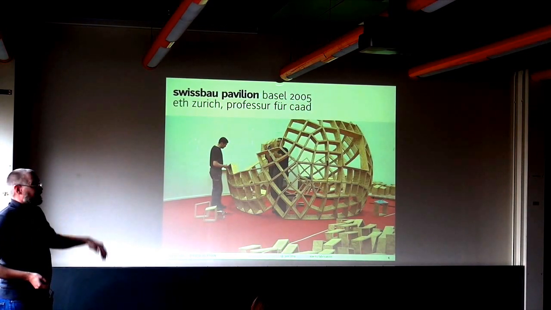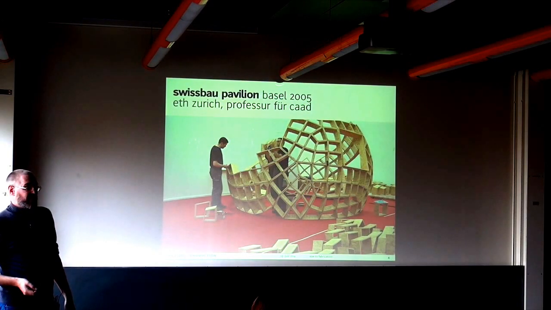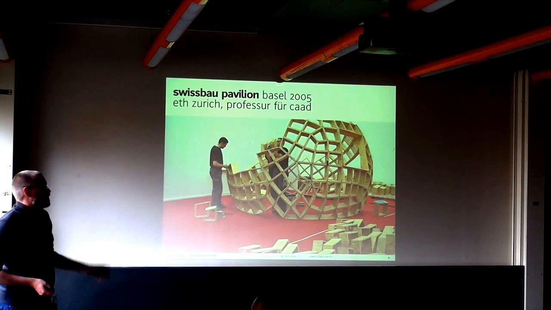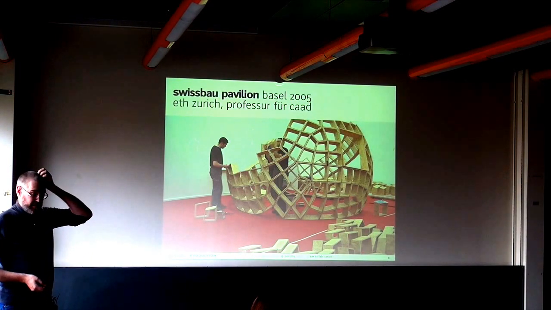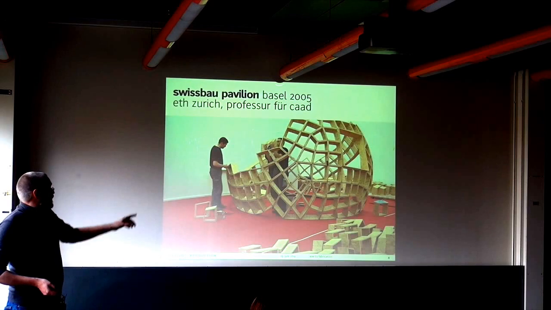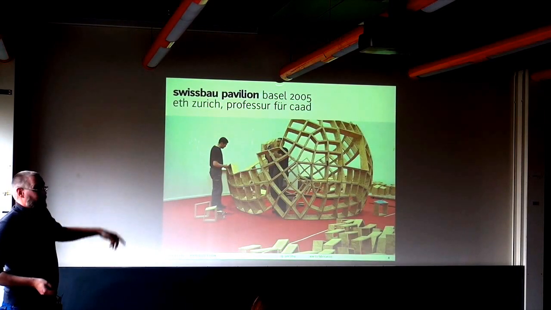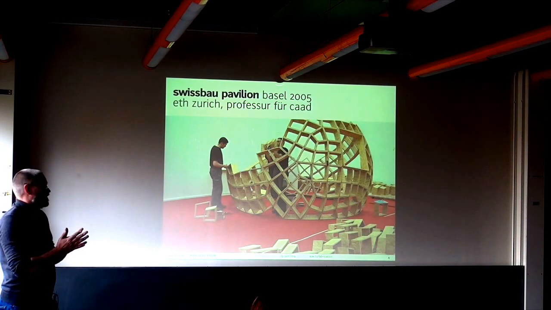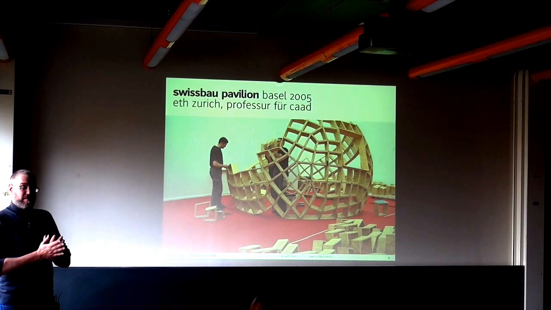By example of this little sphere with about 4 meters diameter that was built from 320, I think, all quadrilateral frames. So each of these components only has 4 boards. Every component is completely the same, only that they have different shapes.